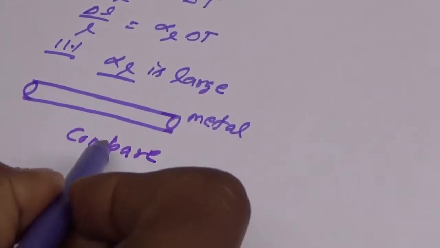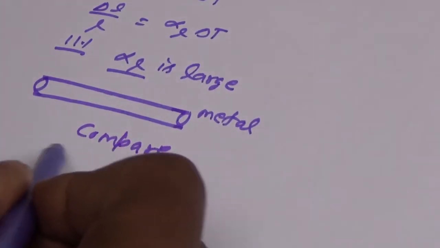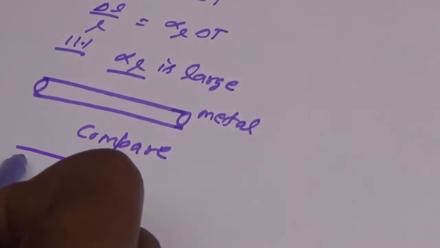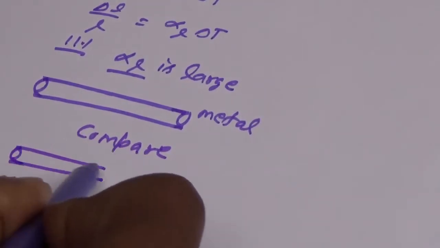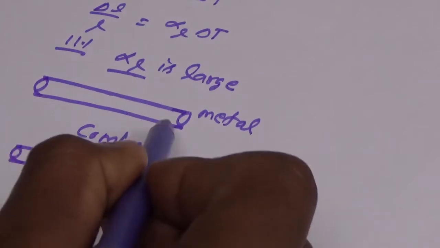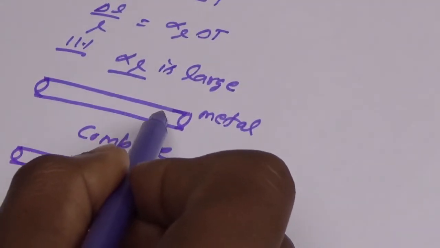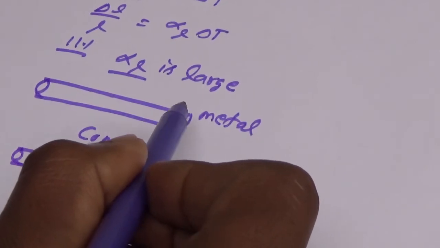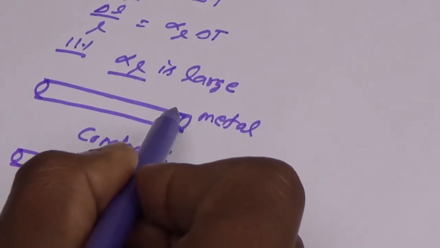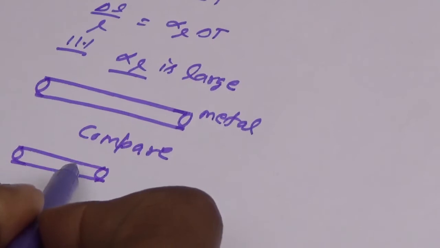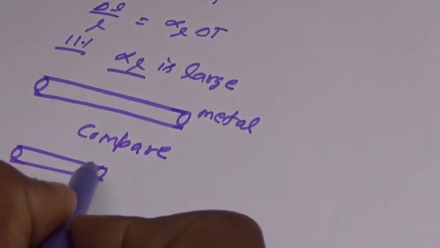In case of glass, the expansion will be very small compared to this rod, because this rod has been taken from metal and this rod has been taken from glass.